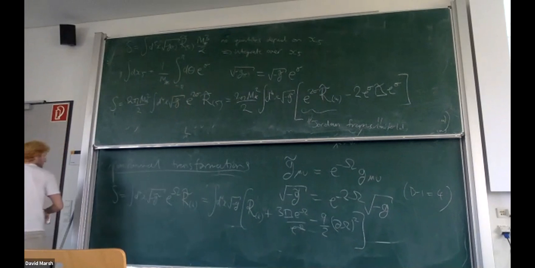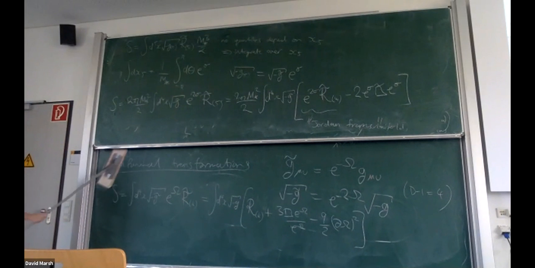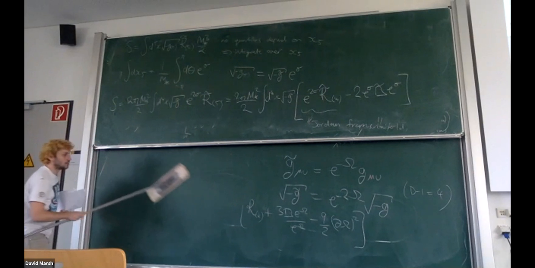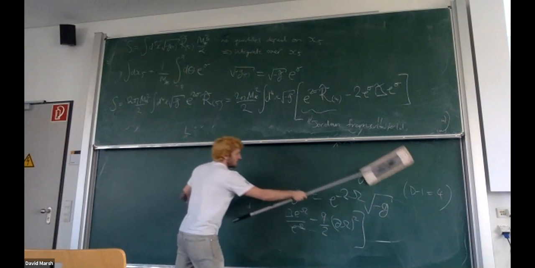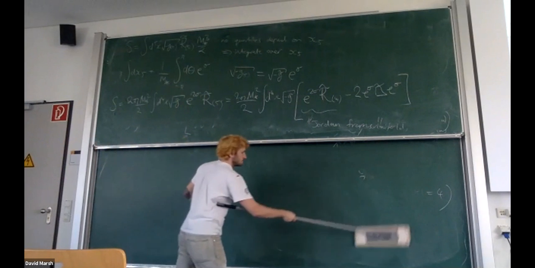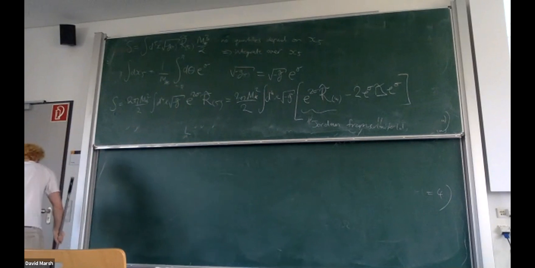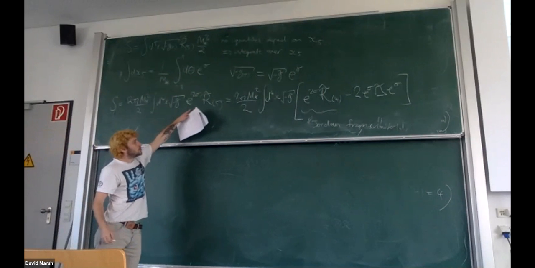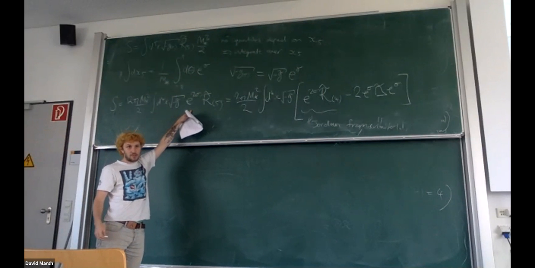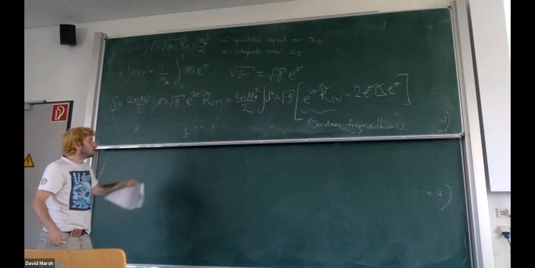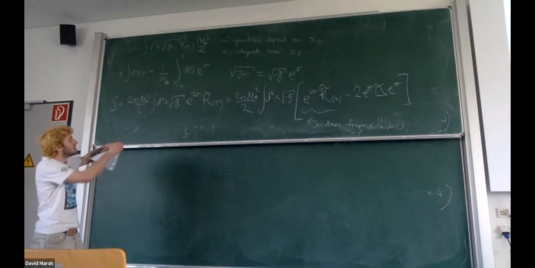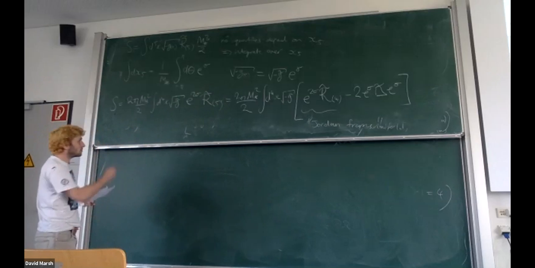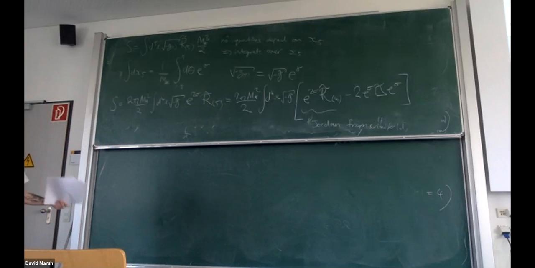It's just a field redefinition now that makes things look canonical in 4D, which is the whole aim of this. But of course, if I had matter around, this conformal transformation changes the metric that the matter interacts with. So the field sigma interacts with all matter, due to these conformal transformations, gravitationally.